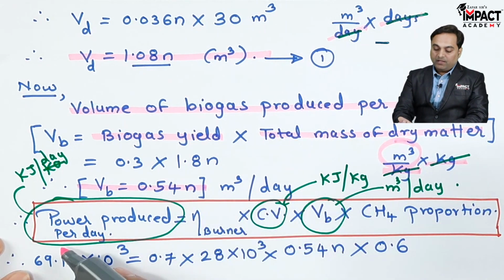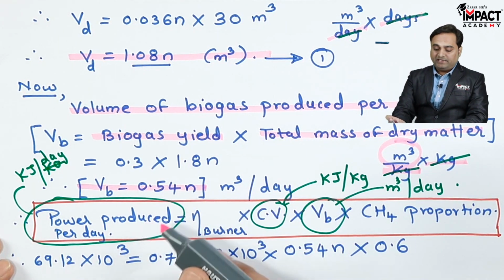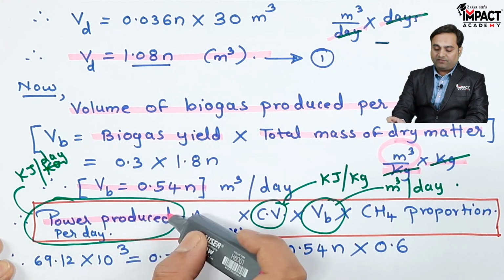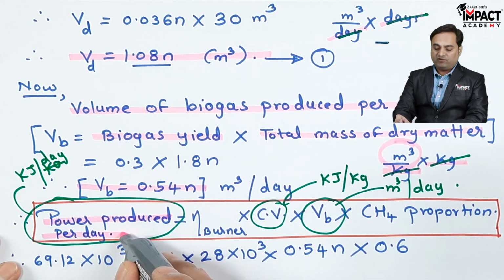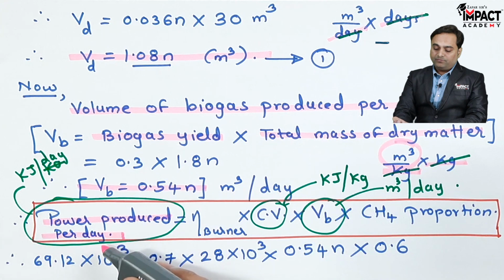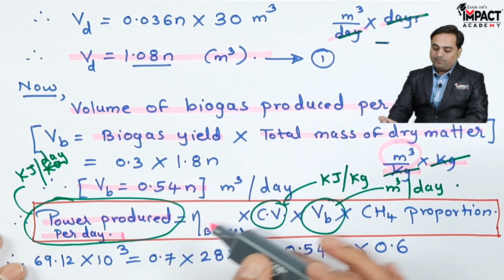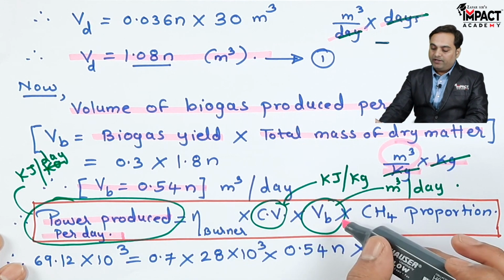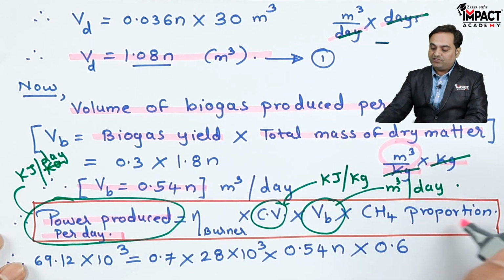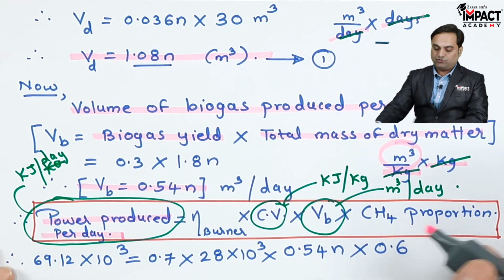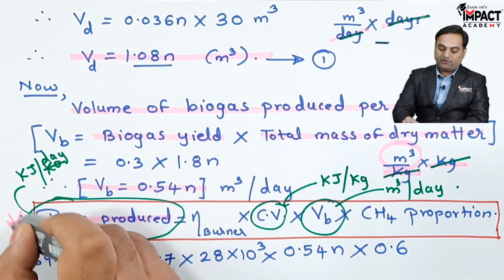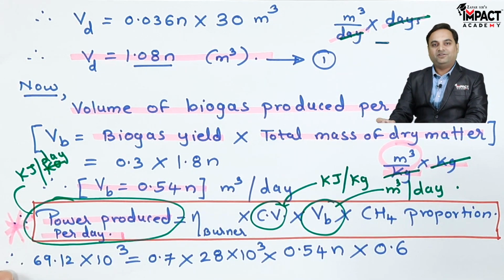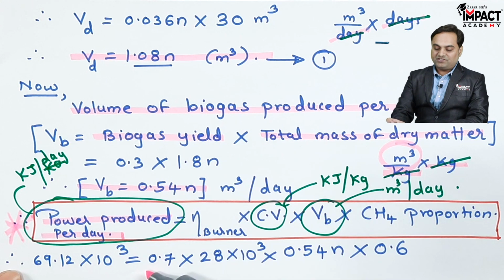Now at last I will write power produced per day. We have to remember the formula of power, in terms of per day, given by burner efficiency multiplied by calorific value of fuel into V suffix b into CH4 proportion, that is the methane proportion. This formula you will have to remember for the biogas power plant. Now burner efficiency is 0.7.